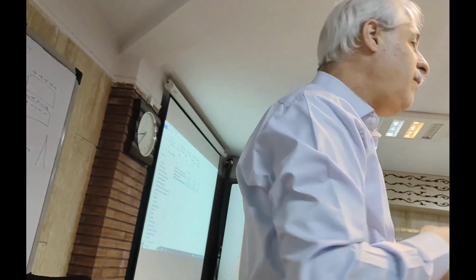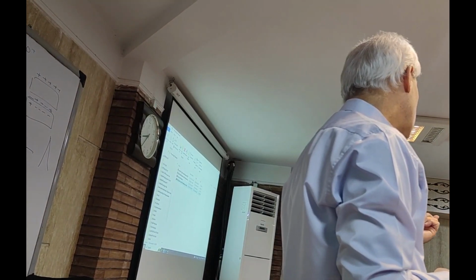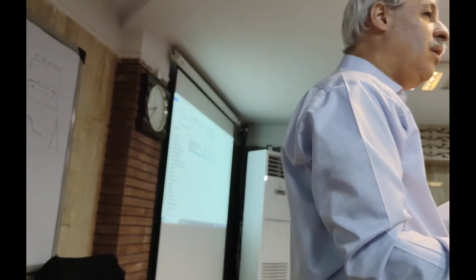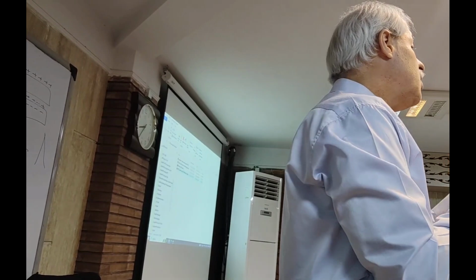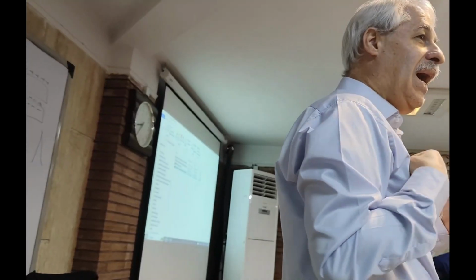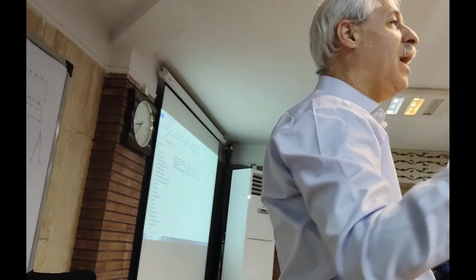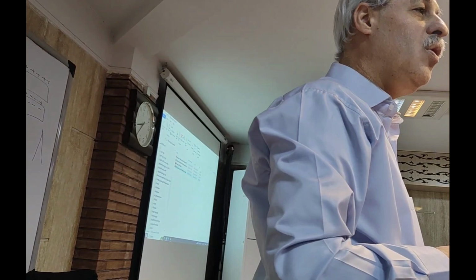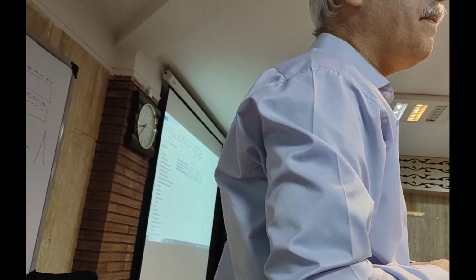AVR, AVL, AVF, these are unipolar limb leads. Limb lead 1, limb lead 2, limb lead 3 are the 3 bipolar limb leads, plus 6 chest leads. In all, we have the hexagonal reference system.